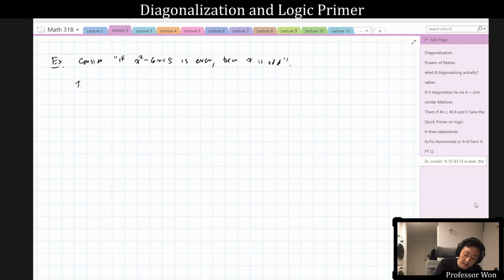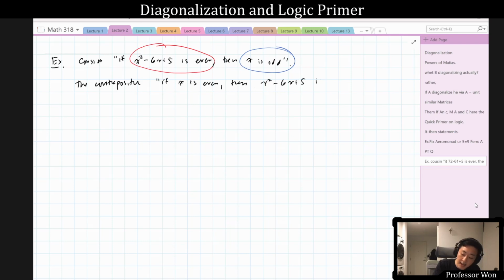So the contrapositive is, again, let me circle P and Q. The contrapositive is if Q is false, then P is false. So the contrapositive here is if x is even, then x squared minus 6x plus 5 is odd.